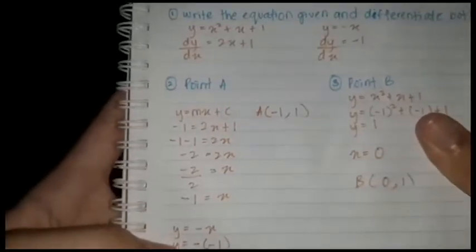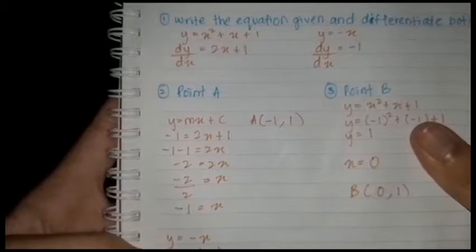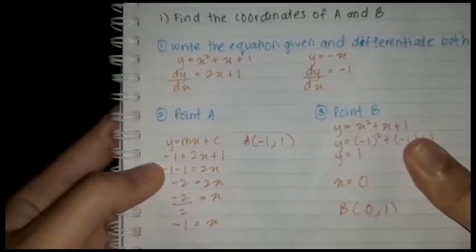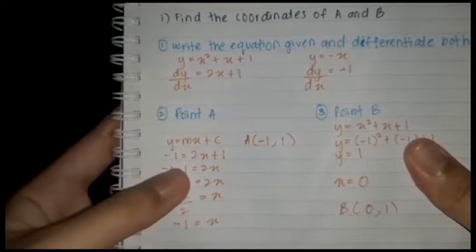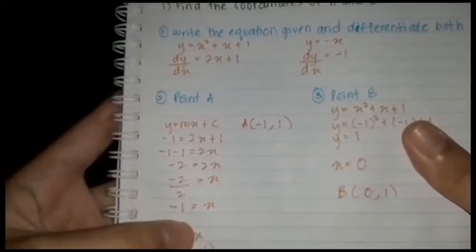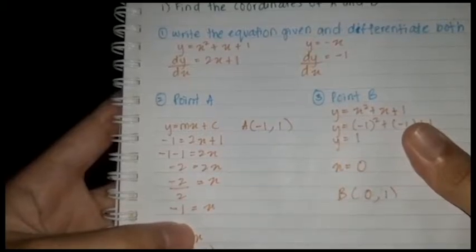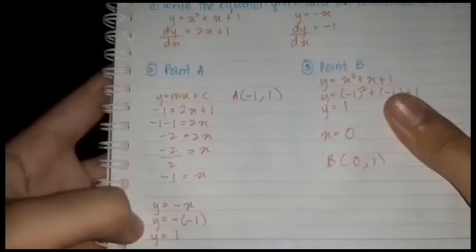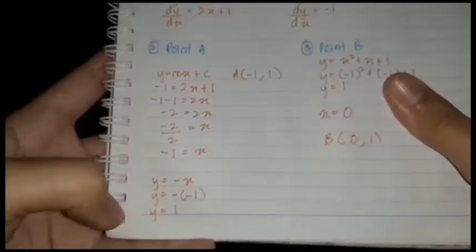To find point A, we need to use the y equal to mx plus c formula. Then we set the gradient as negative 1 and mx is 2x plus 1. Then we get the value of x for point A as negative 1. For y, we need to use the second equation, that is y equal to negative x.